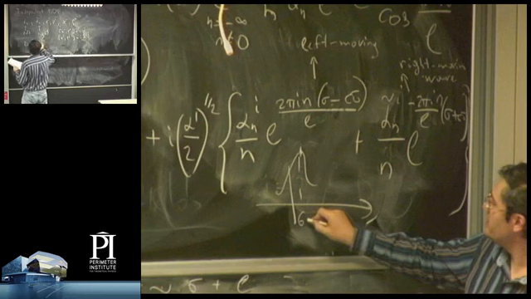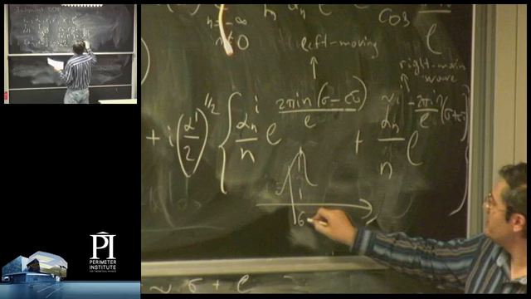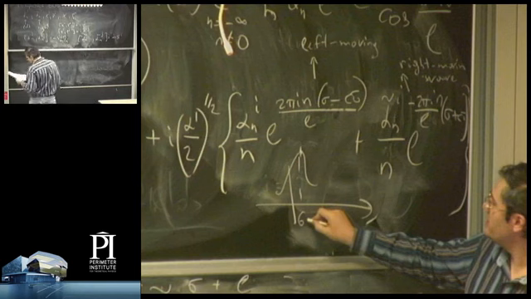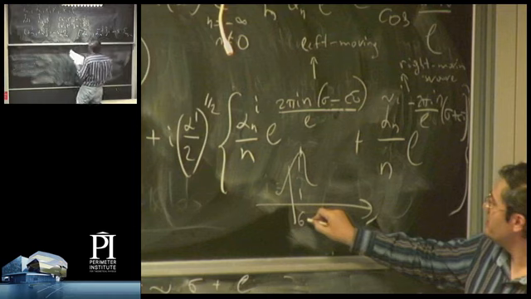Alpha^i_n, alpha^j_m equals m delta_ij delta_{n+m}, and it's the same as it was before. Right, so everything goes as before.